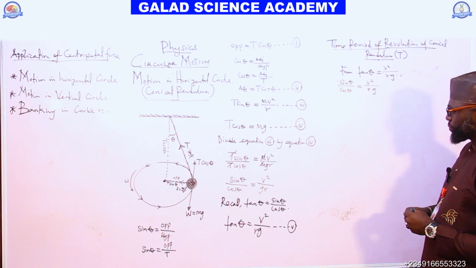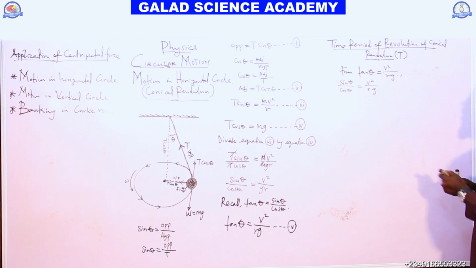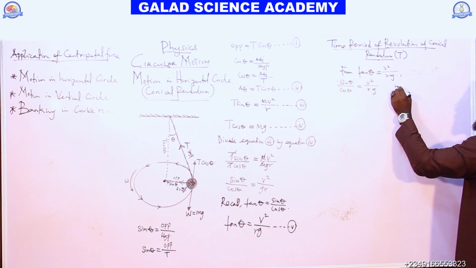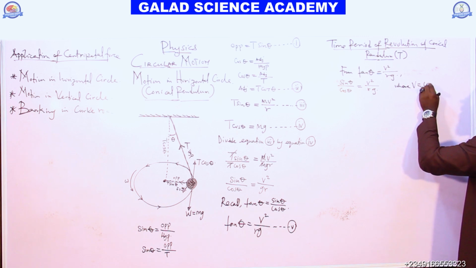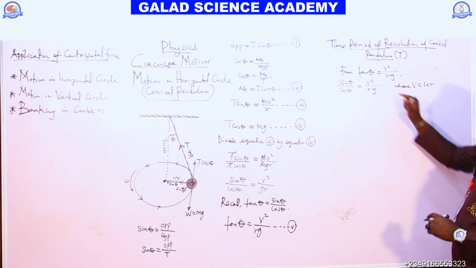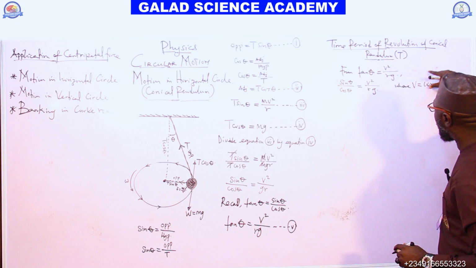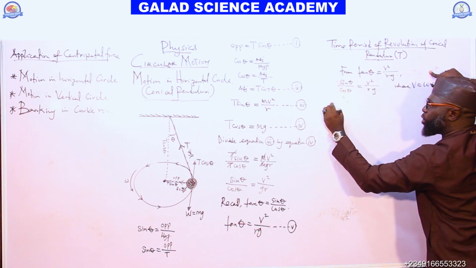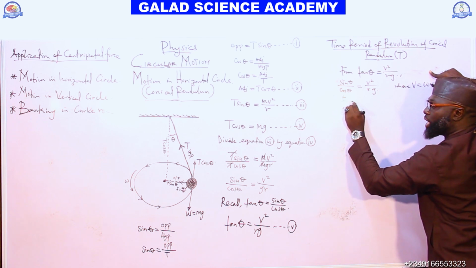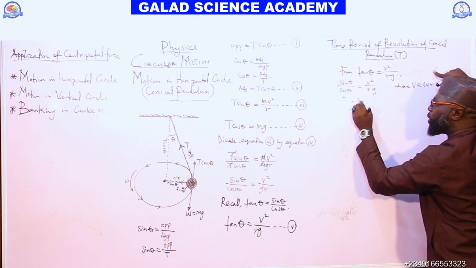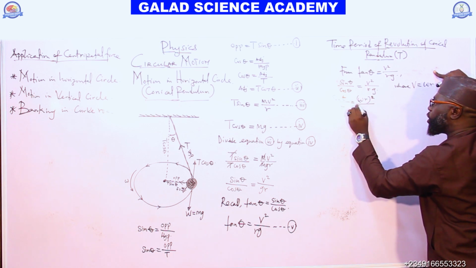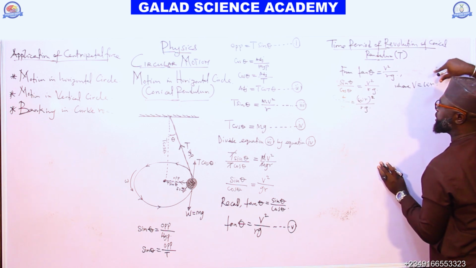Again, we all know that v equal to omega r, this linear velocity. Let us put it here. You have sine theta over cos theta equal to omega r everything square over r g.